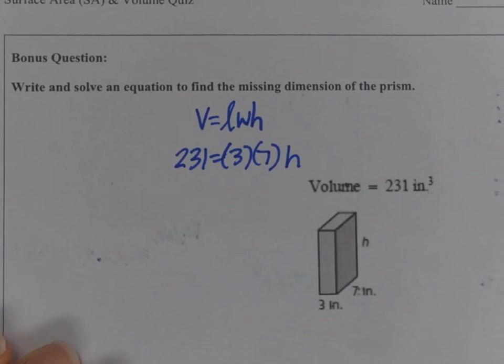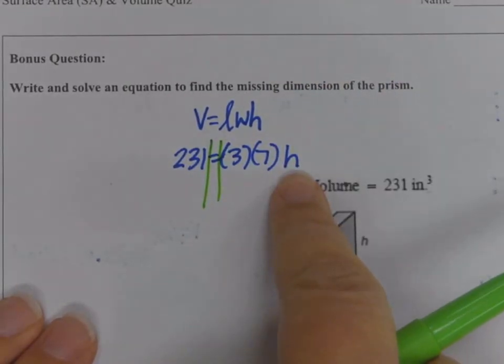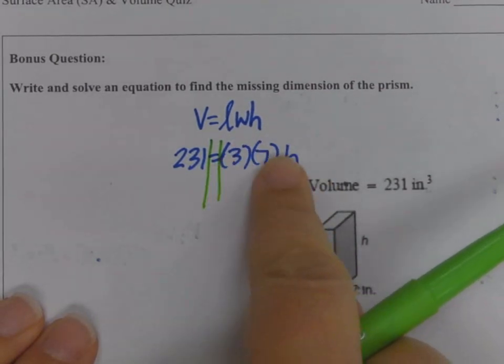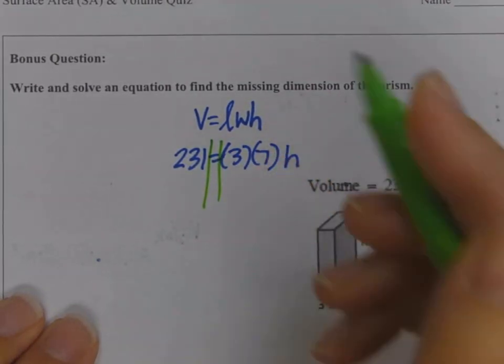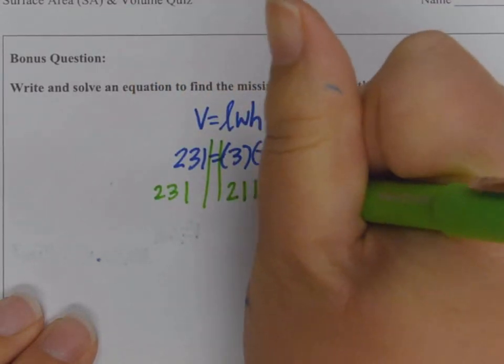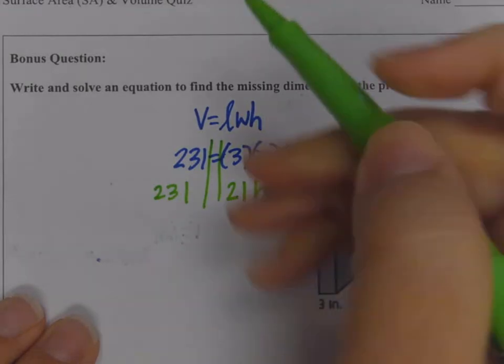And remember, when you solve an equation, you're trying to get h all by itself. Okay, so first we're going to do any simplifying we can. We know 3 times 7 is 21. So I'm going to rewrite this as 21h. Now remember from solving equations, when you have a number next to a variable like this, that means they are multiplying each other.